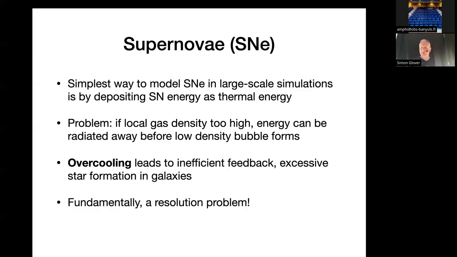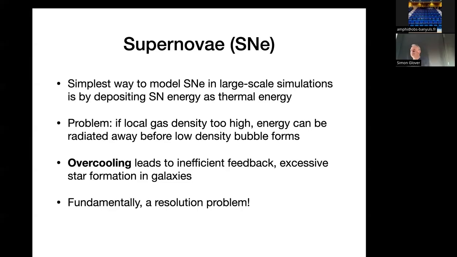Now, the one that's most commonly dealt with is supernovae. Pretty much any large-scale simulation of the ISM which is doing star formation will have supernova feedback in, because if you don't have some form of feedback in, and supernova is the easiest one to put in, then you just form all of your gas in stars very quickly, and it's not very realistic.